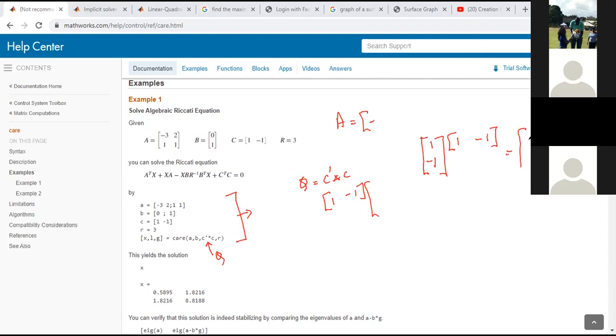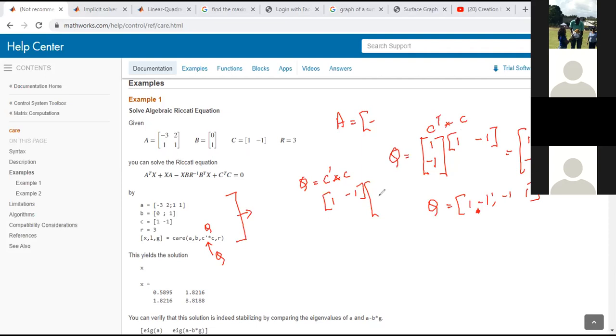So 1 times 1 is 1. 1 times negative 1 is negative 1. Negative 1 times 1 is negative 1. Negative 1 times negative 1 is 1. So this is what my Q is equal to. So you can define that matrix as Q equal to 1, negative 1, negative 1, 1.